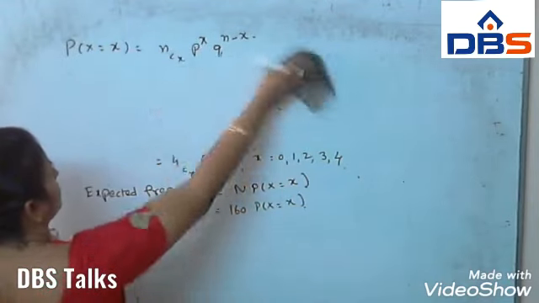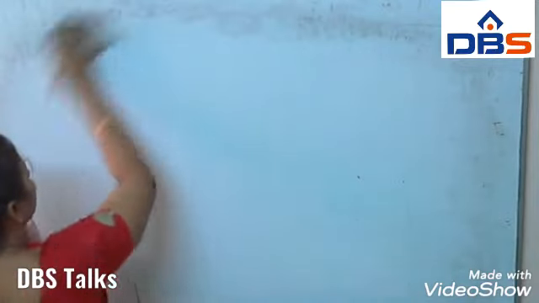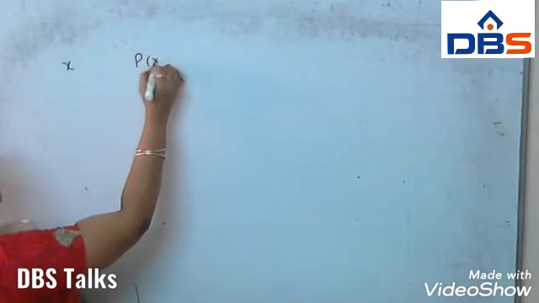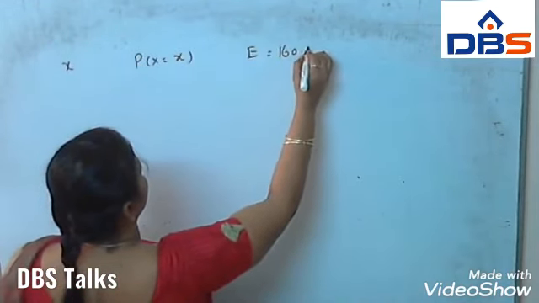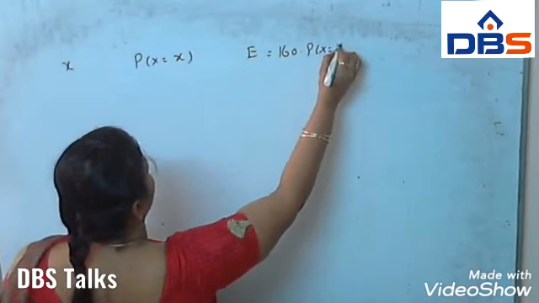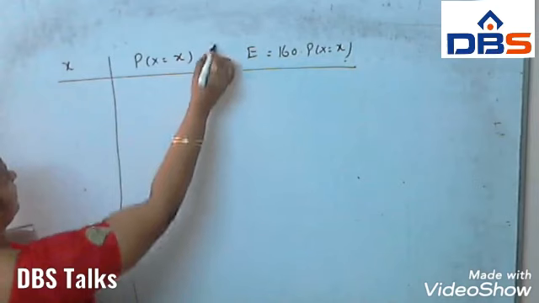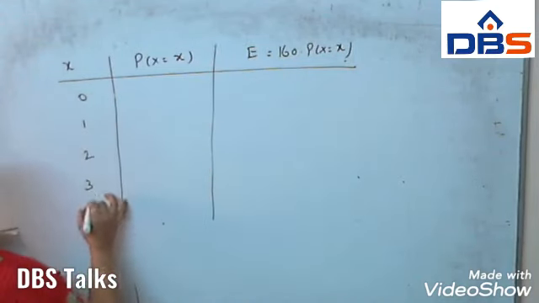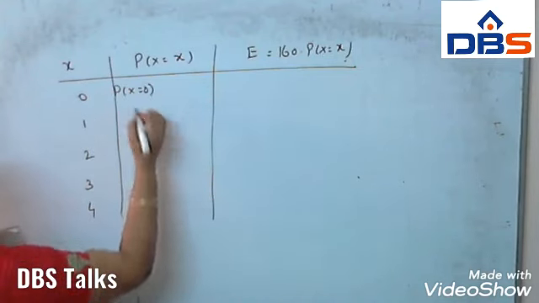Let us go for that table. X, p of x equal to x, E equal to 160 into p of x equal to x. X: 0, 1, 2, 3, 4. P of x equal to 0.